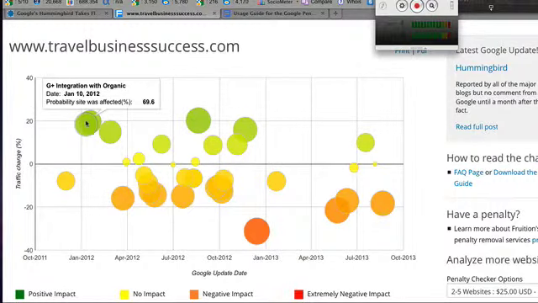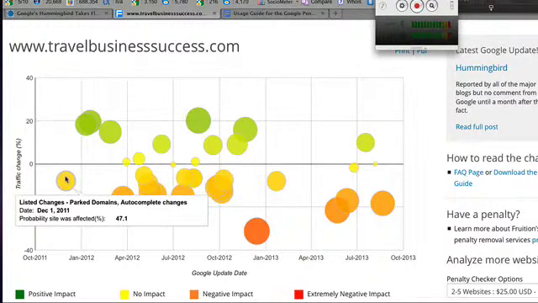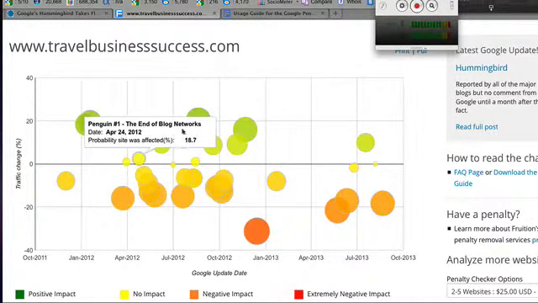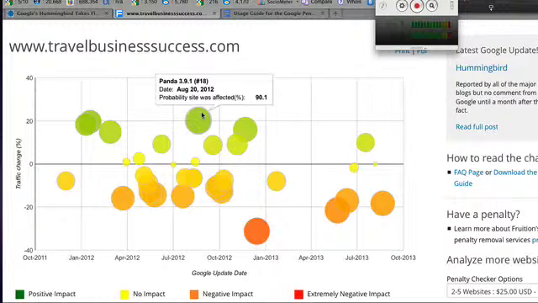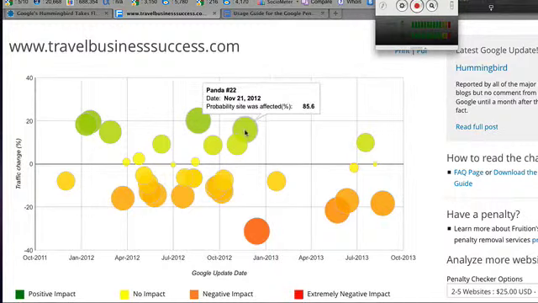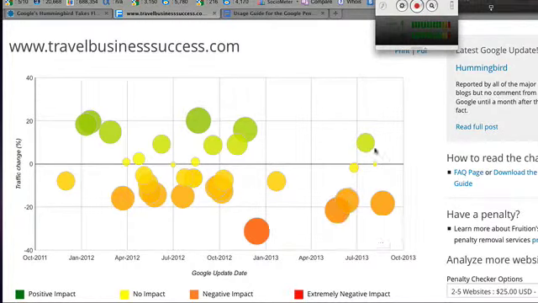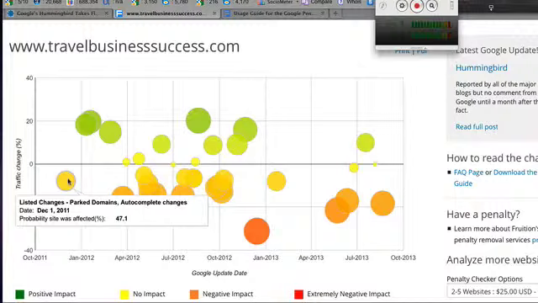Yeah, so Penguin 1 was the first big link-building, offsite update that Google rolled out, and it impacted a significant number of sites. Luckily, it's well known now how you recover from Penguin 1, and we saw that when Penguin 2 rolled out.